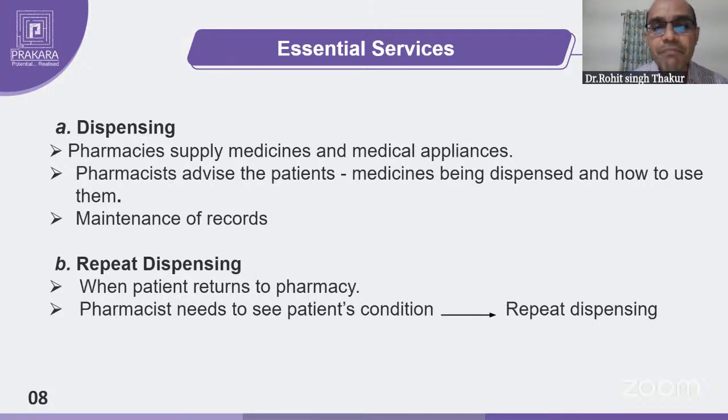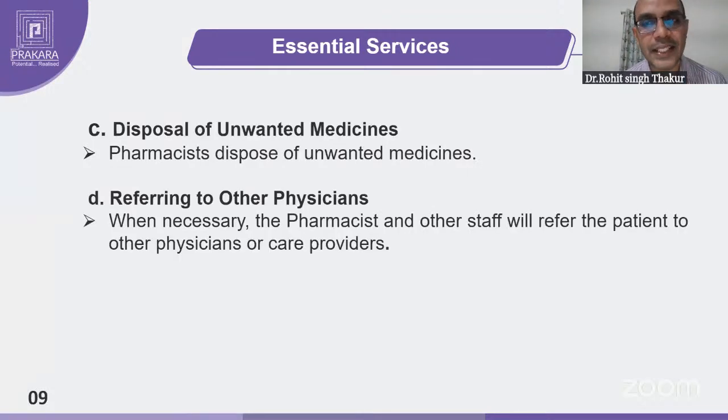Then with the same prescription, you have to repeat the dispensing. Maybe the patient may not go to a doctor, may not refill his or her own prescription, but if the patient returns with the same prescription, you're supposed to follow the opinion of the patient, whether really he or she is sick or not. Then you repeat the dispensing only if you feel it is quite essential.